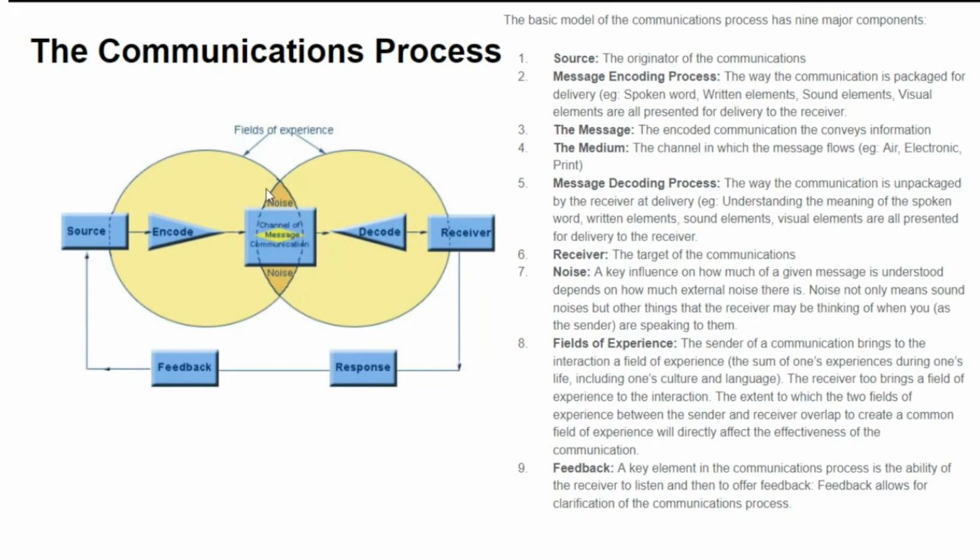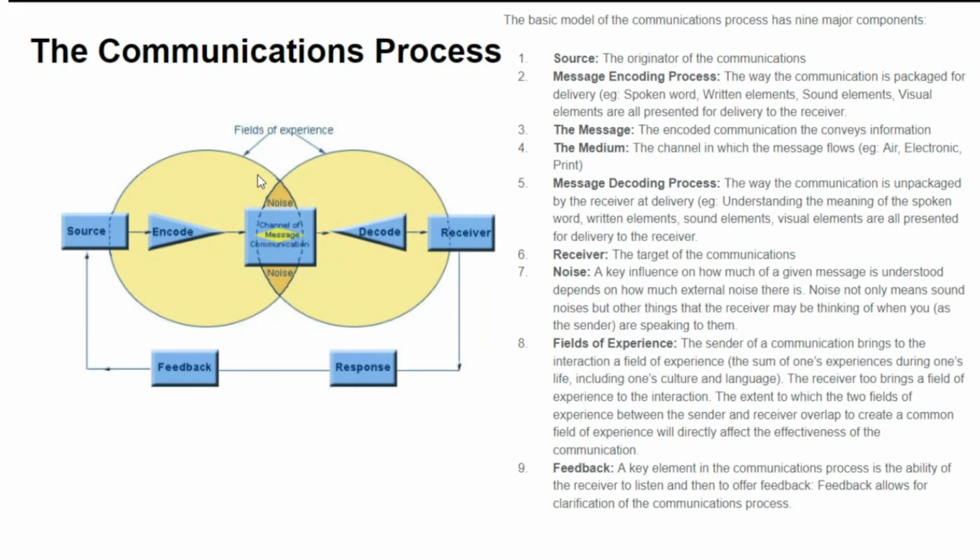The other important components are these two circles here that have overlap in this case. And the good thing is that when you have overlap, you have something called similar fields of experience. Now, if I said to you, let's talk about the beach below your house, you're as familiar with the beach below your house as I am.